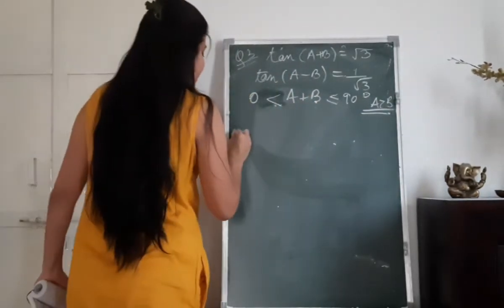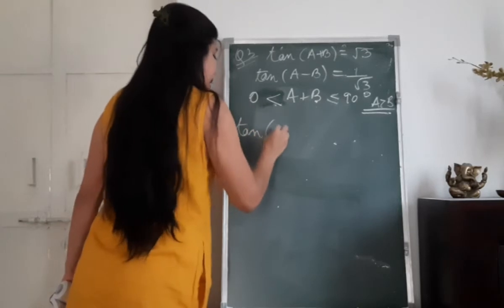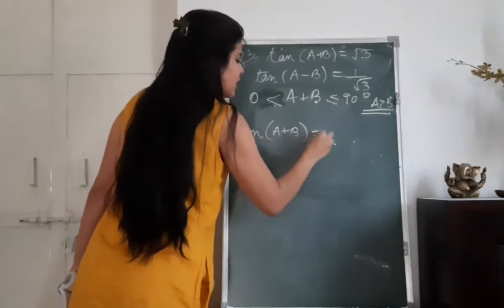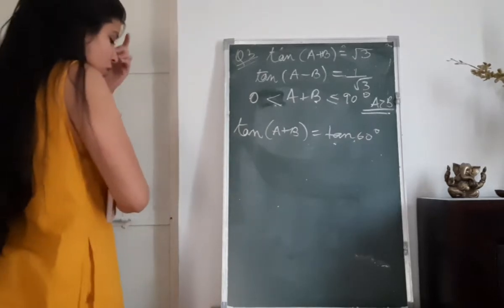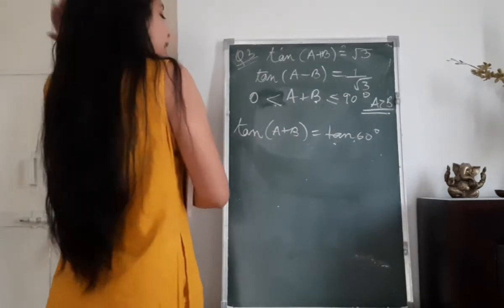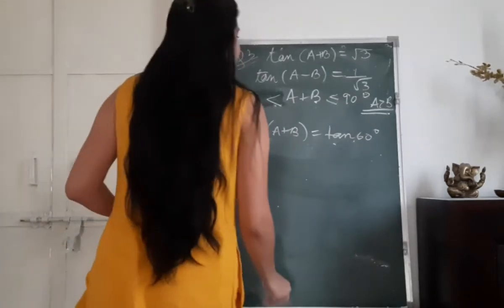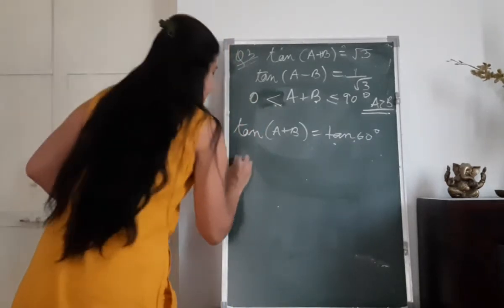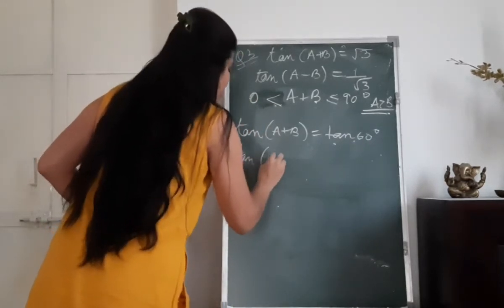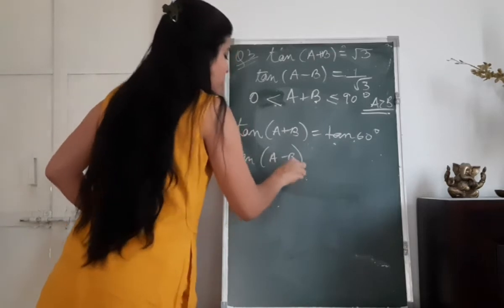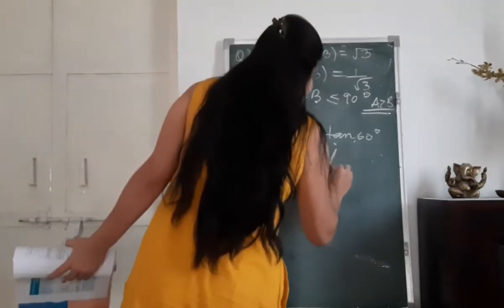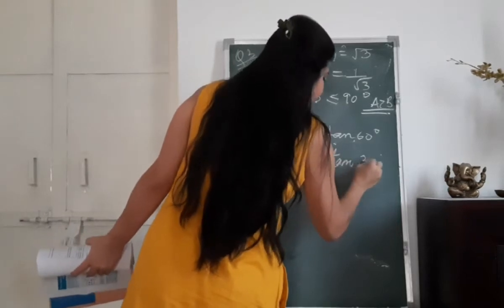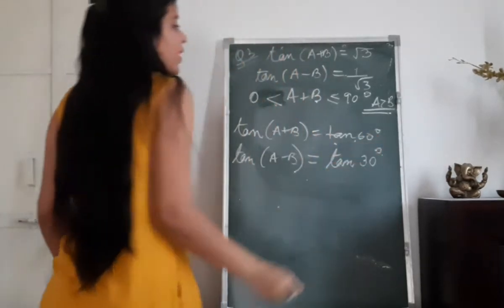See, can I write then A plus B is equal to tan 60 degree? Why? Because root 3 is equal to tan 60 degree. So I can write tan of A plus B is equal to tan 60 degree. Tan of A minus B is equal to 1 by root 3, which is equal to tan 30 degree, right?